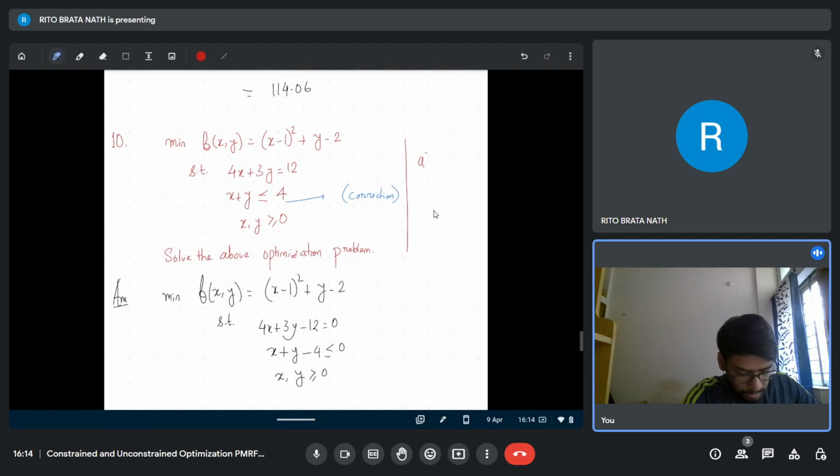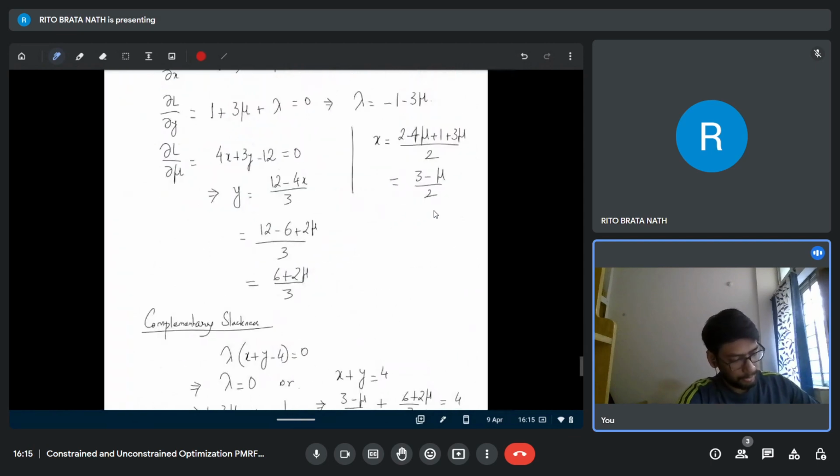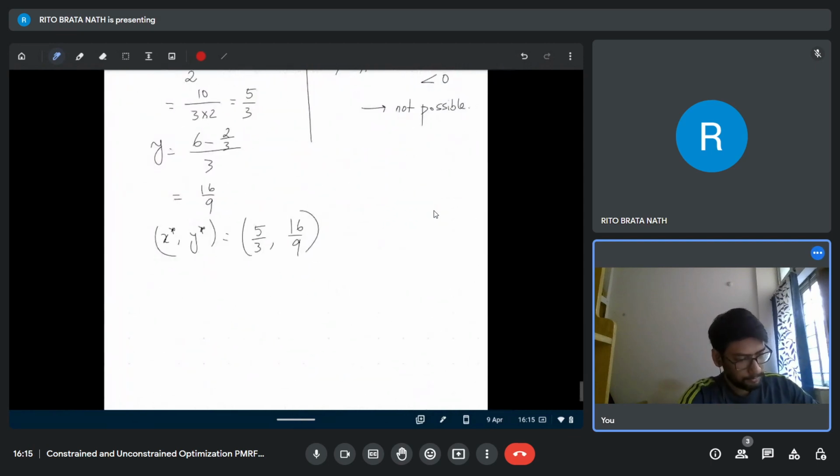Yeah, so for f(x*, y*), A is 0, B is 3, C is 2.2, and D is 0.22. So now I have to check the function value.